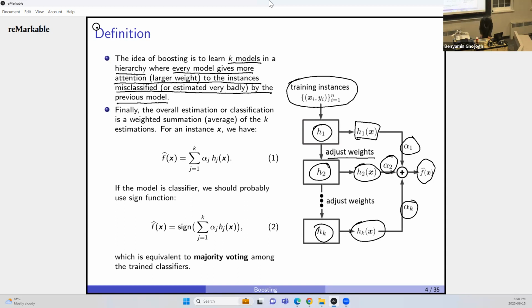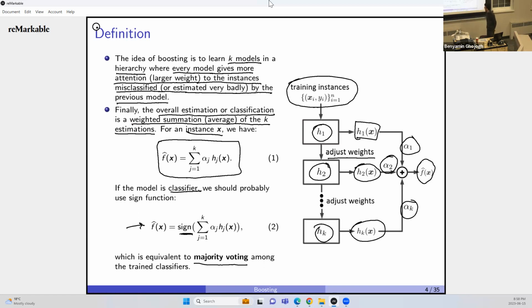Finally, the overall estimation or classification is a weighted summation of the K estimators. For an instance X, if the model is a classifier, then we need sign, to become either +1 or -1, which is the majority voting. What do I mean by majority vote? I say it's class 1, you say it's class 1, you say it's class -1, you say it's class -1. We see which is the majority vote.